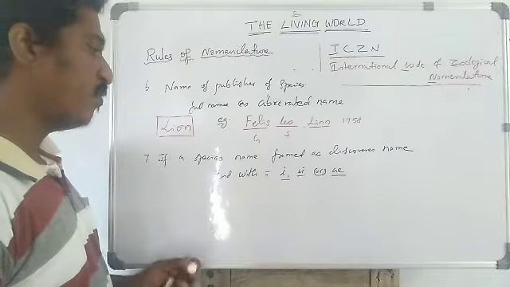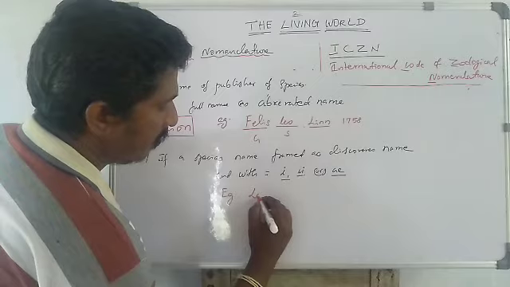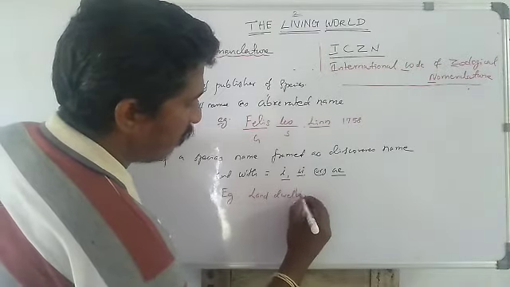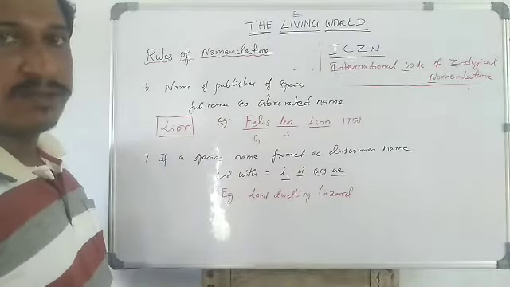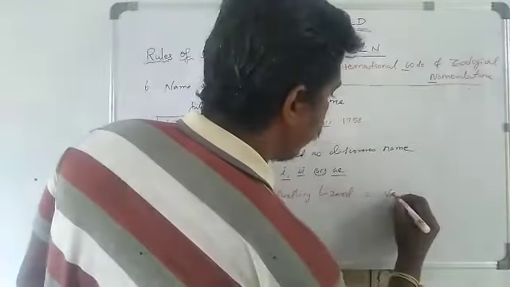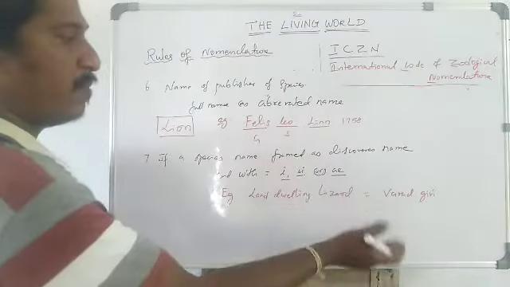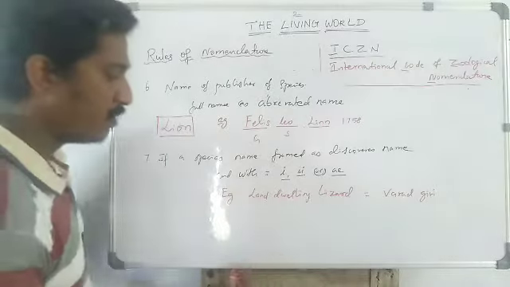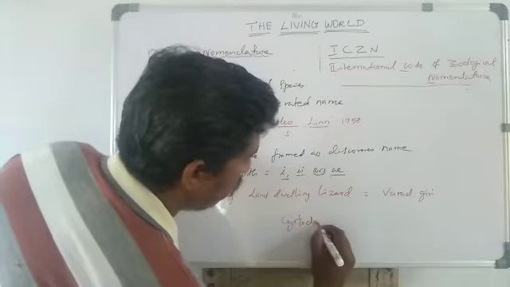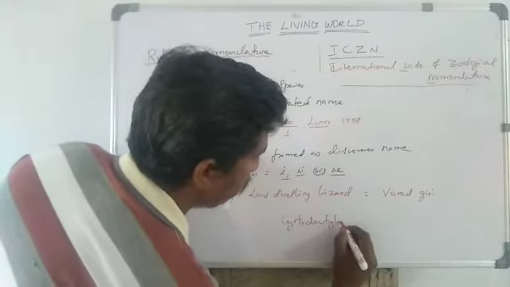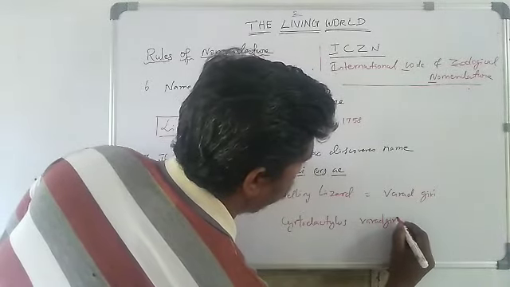For example, a land dwelling lizard. Who discovered it? It was discovered by Vardagiri.